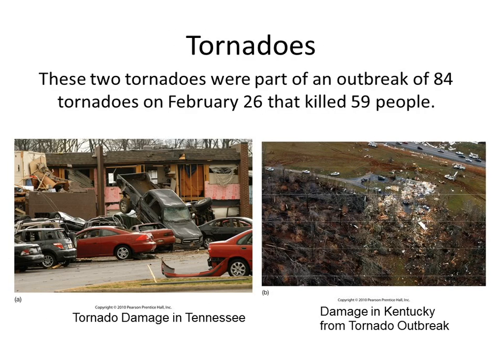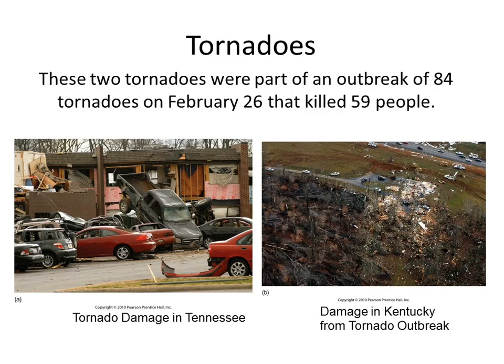So here's some destruction that was left by tornadoes. This actually is part of an outbreak of tornadoes. 84 tornadoes on this day, part of that same weather system. And the one thing about tornadoes versus hurricanes that we're going to talk about on Monday is that tornadoes are classified after the fact.